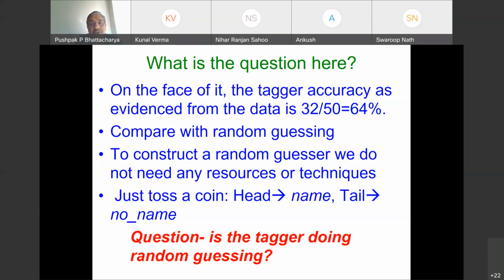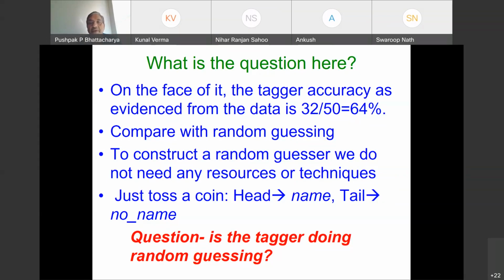Because I want to buy this named entity identifier from a company which has created it, and I want to check that it is not simply doing random guessing. So my hypothesis is this: the named entity identifier is doing random guessing based on the tossing of an unbiased coin. This hypothesis I want to either reject or accept.